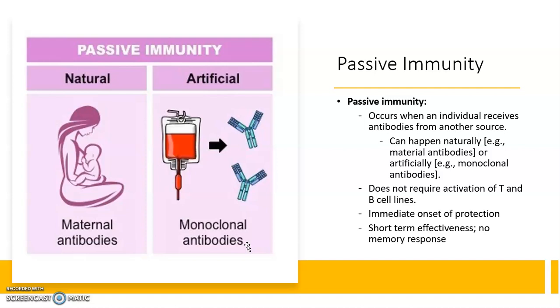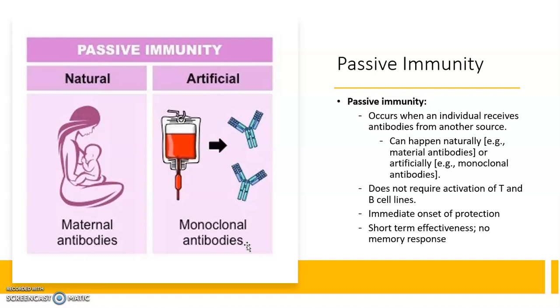This technique was used during the COVID-19 pandemic. But the key thing is, with both of these routes, you're not producing your own antibodies. You're getting antibodies from another source, whether that other source is a mother to child, which is more of a natural way, or artificial through some type of injection of antibodies made in another living organism.